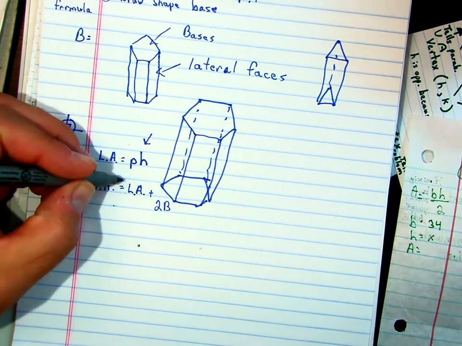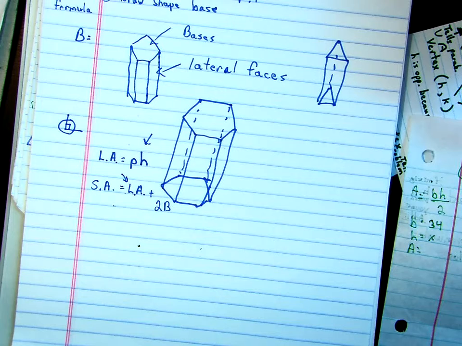And this formula is not given to you on the EOC, the lateral area. They actually put a formula in for it, and it's not always the same. So it's really important that you focus on that. That first part of surface area on your reference sheet is the lateral area.